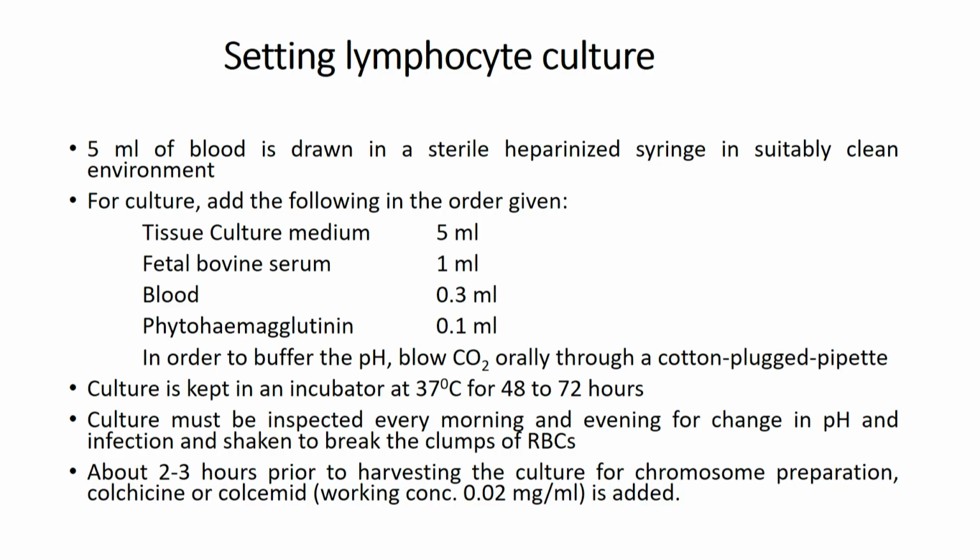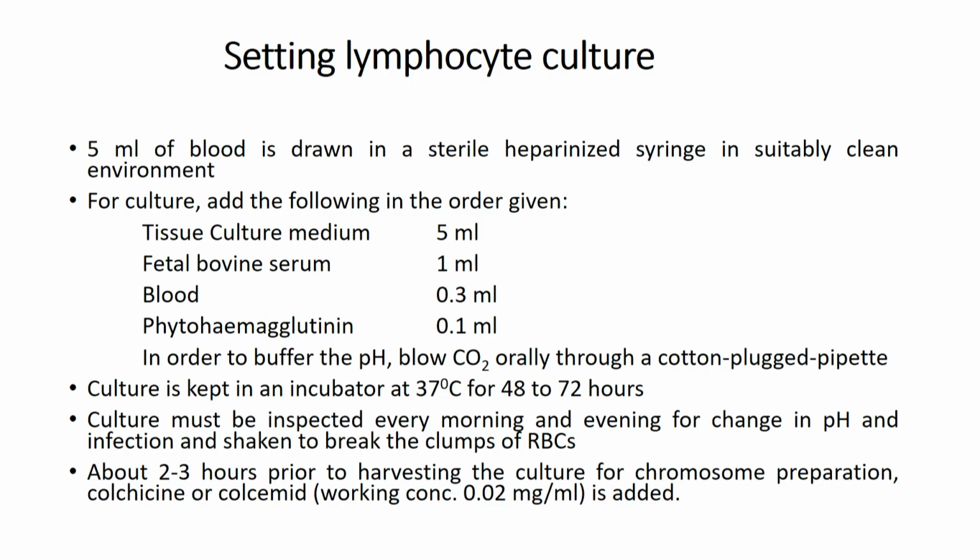For culture, some of the following things are needed. Number 1, tissue culture medium. 5 ml of tissue culture medium can be taken. Then fetal bovine serum. We do not know what are the other factors, most of the factors that are required for cell division. Few we know, few we do not know.